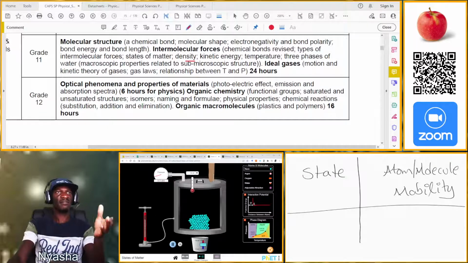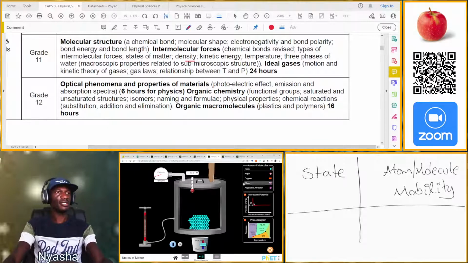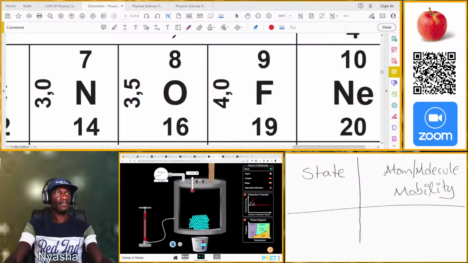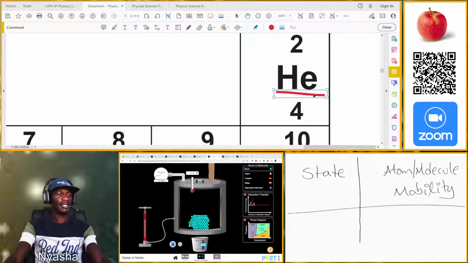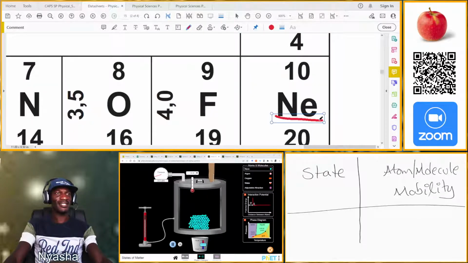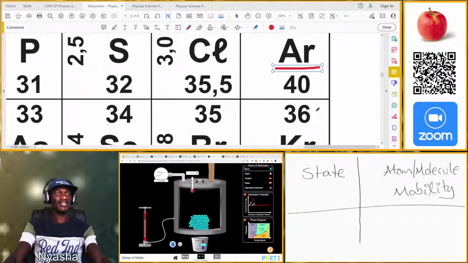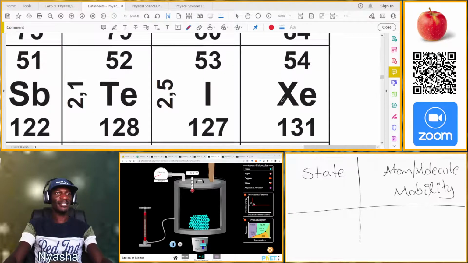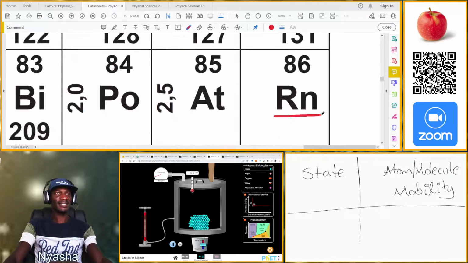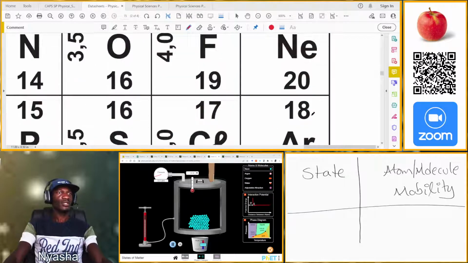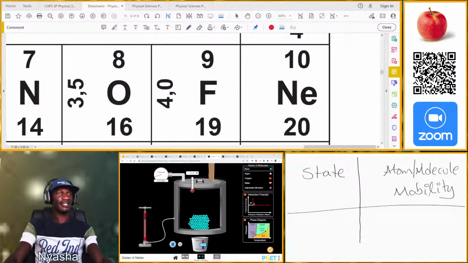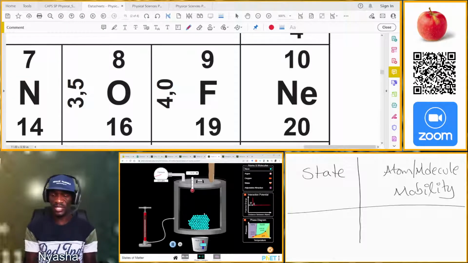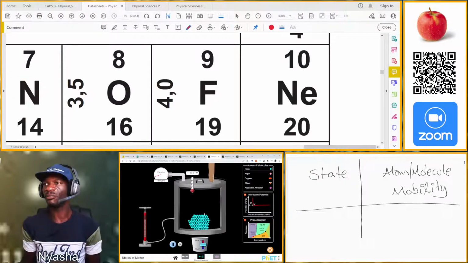So you can find helium, neon, argon, krypton, xenon, and so on. These can actually exist in the gaseous state, right? So we just need to see how they move.